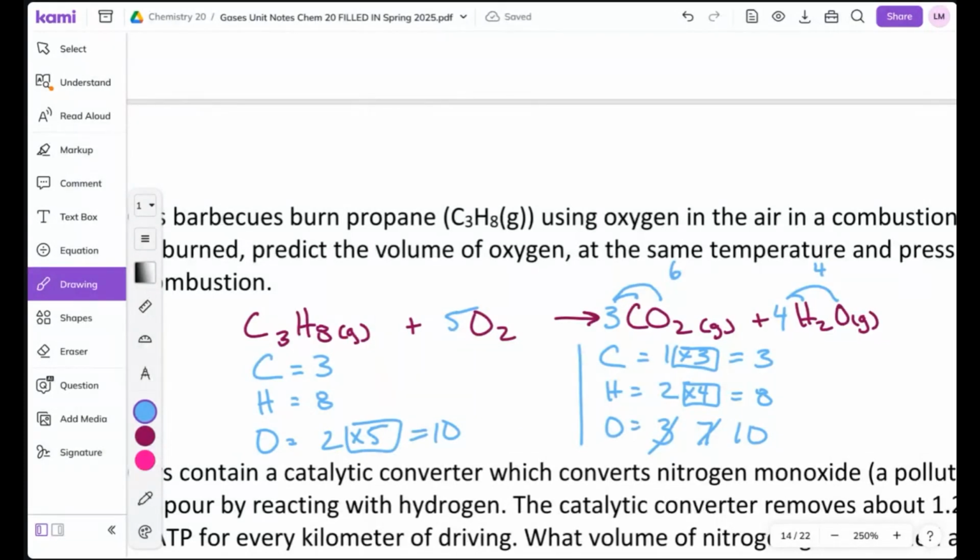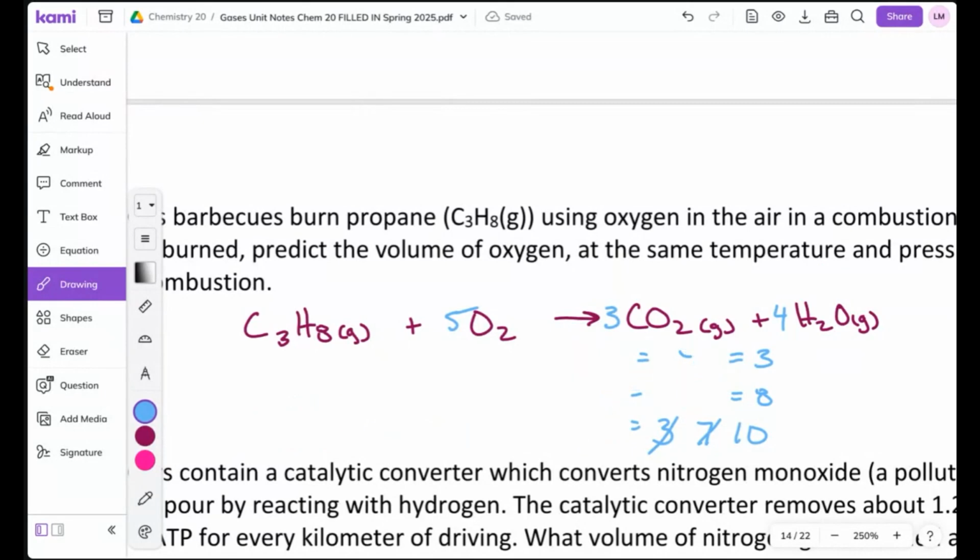So now we can clean this up a little bit since we have a balanced chemical reaction. So remember, with these types of questions, step 1, get your balanced chemical reaction. Step 2, use your mole ratio to convert the volume of one substance to the volume of whatever substance that the question is asking you for.